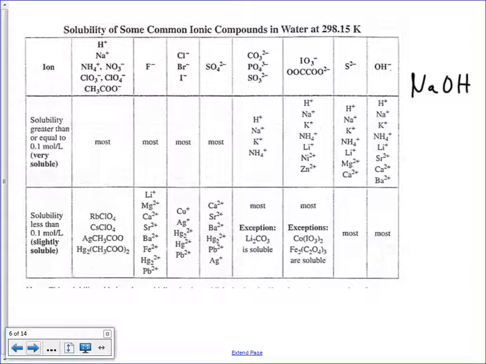I look on the top row and find the negatively charged part of my ionic compound, and I see that here's OH. And I see that Na is here in the first row, and it says on the chart that anything in the first row is very soluble. So that means that sodium hydroxide is very soluble in water.